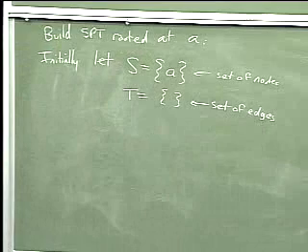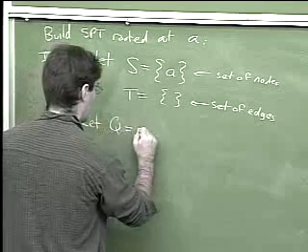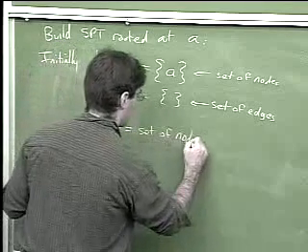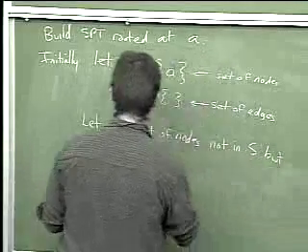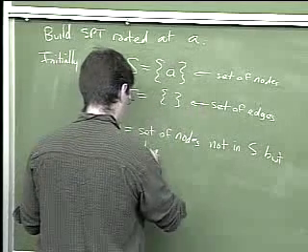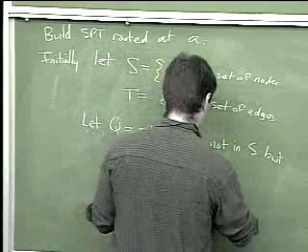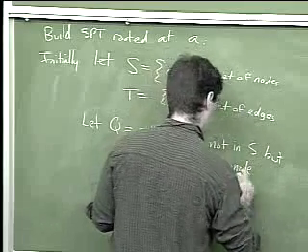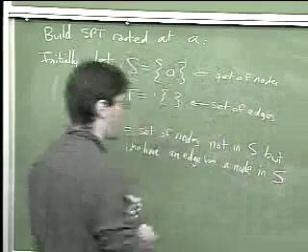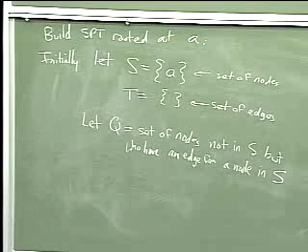Okay? And now, let Q be the set of nodes not in S, but who have an edge from a node in S. Okay?